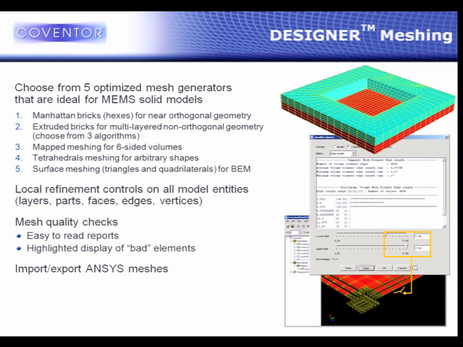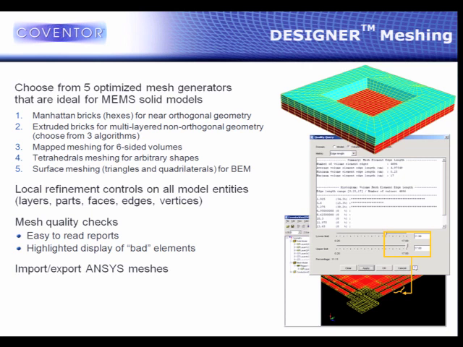So, for example, this pressure sensor membrane was done with map meshing to generate nice uniform mesh over the parts with these sloped sidewalls. Tet meshing is probably the last choice for volume meshing, because especially for MEMS type geometry, it's hard to get good quality tet meshes unless you make them really fine, but it's there, and for certain geometries that might be the only way to do it.